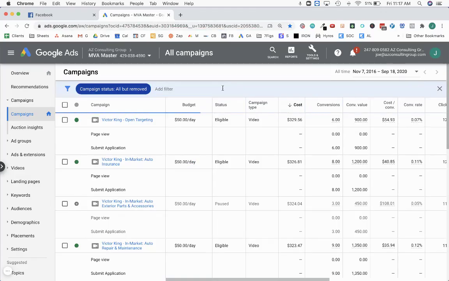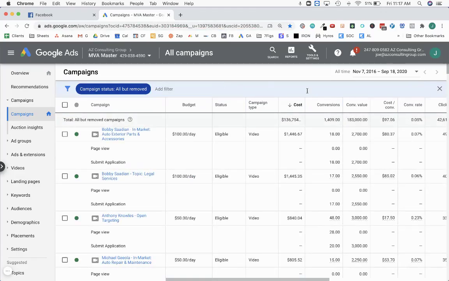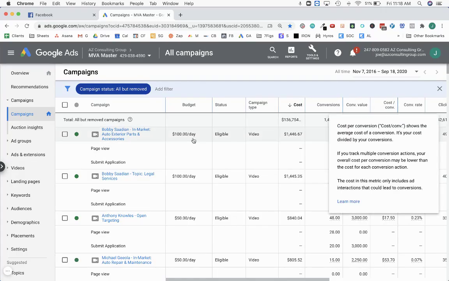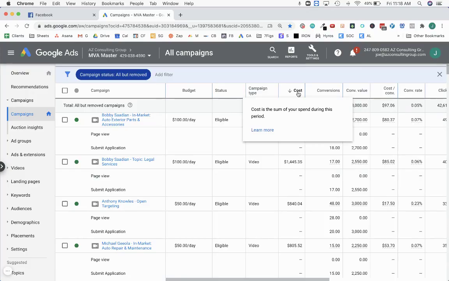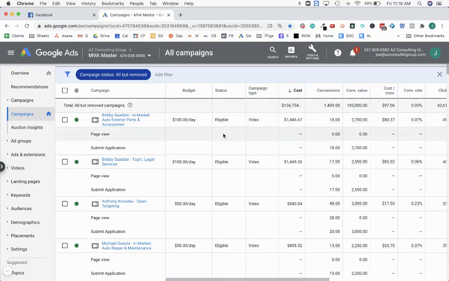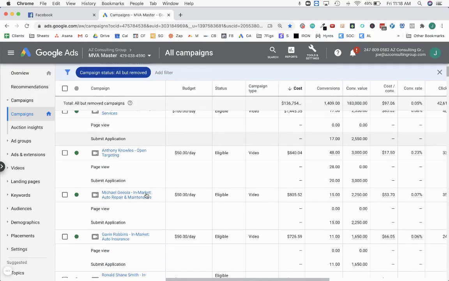We're just going to close or exit this filter. And then again, for this type of optimization, you don't have to include the filter of conversions less than 1. You can literally just sort by the cost, and then you could jump into any of these guys' campaigns if it's outside of KPI.